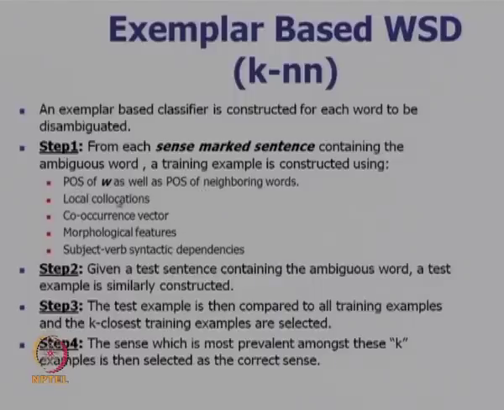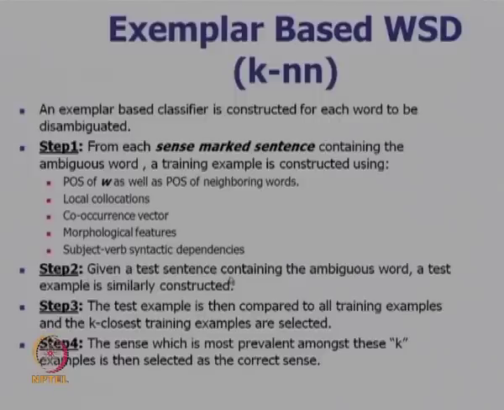We get the local collocations, the co-occurrence vector, the morphological features, and finally, subject verb syntactic dependencies. All these features are used for this algorithm, exemplar based word sense disambiguation.